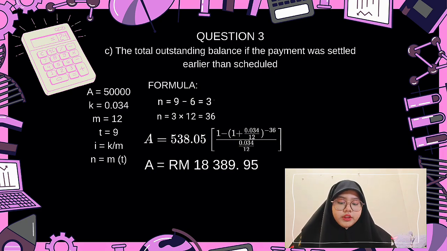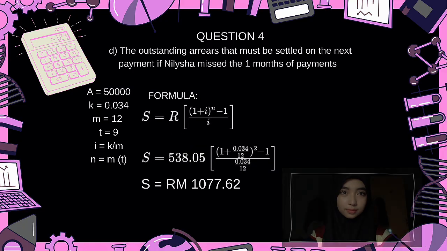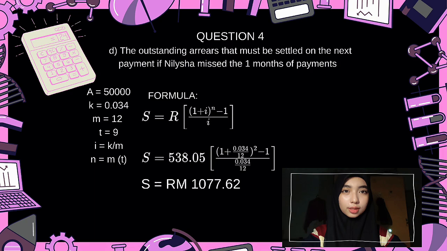So, A equals R, which is 538.50 cents, in bracket 1 minus (1 plus 0.034 division with 12) to the power of our new n, which is negative 36, division with 0.034 division 12, and we get our A, which is 18,309.95 cents. Okay, so I will proceed to question D.